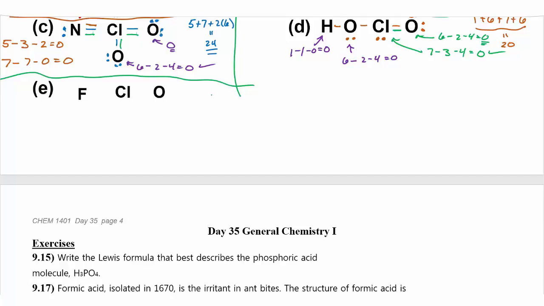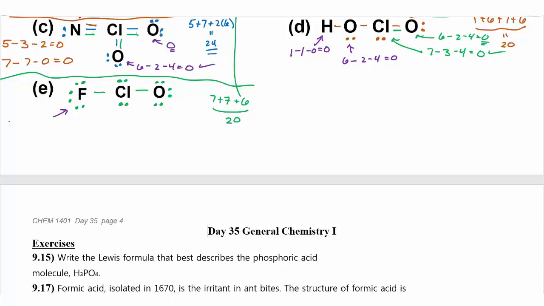One more. Fluorine has 7, chlorine has 7, oxygen has 6. That's a total of 20 valence electrons. So if I make octets on the surrounding atoms, and anything left over I'll put on the center atom. So I've got 8 and 8 is 16, 18, 20.